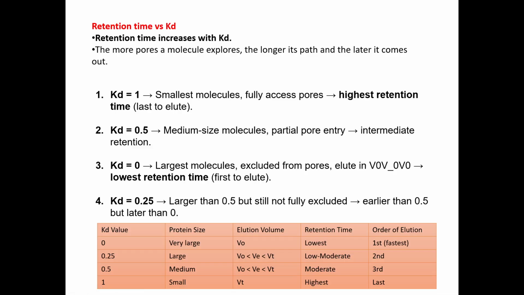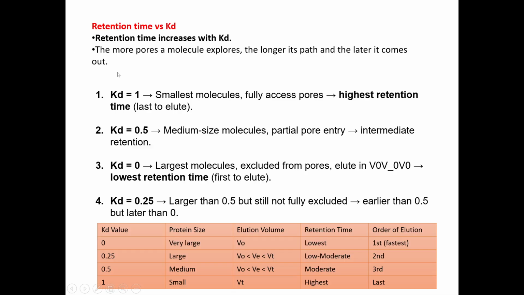Now coming to retention time versus KD. What is the difference? Retention time is the amount of time your protein takes in your column to elute out, and KD is something which affects your retention time, like we discussed before. It's the partitioning into the pores. The more pores a molecule explores, the longer its path and the later it comes out.